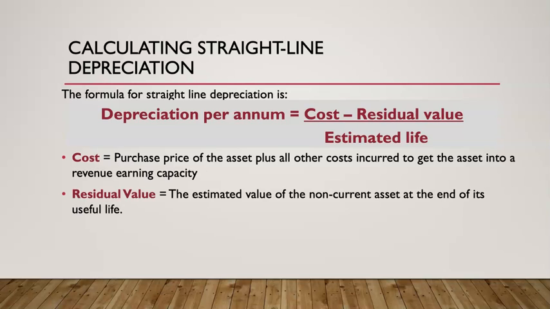Residual value is the estimated value of the non-current asset at the end of its useful life. Often we understand that assets, when they're at the end of their useful life for one business, can still be sold or traded in, as we'll come across later, for a certain amount of value. So we might have an asset that is going to have a residual value at the end of its life of a few thousand dollars.